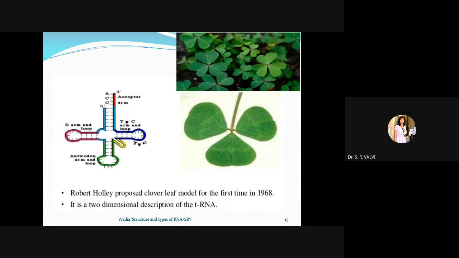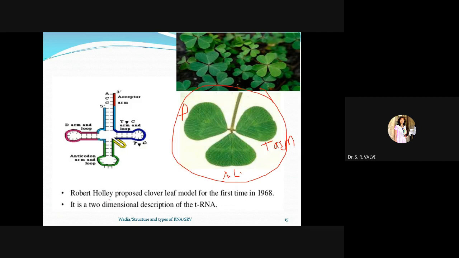So see here, this is the clover leaf. This is the D arm, which looks like D. This is the anticodon loop, and this is the T arm. Hence the 2D structure of this tRNA looks like a clover leaf.